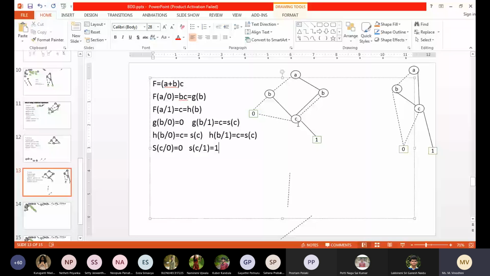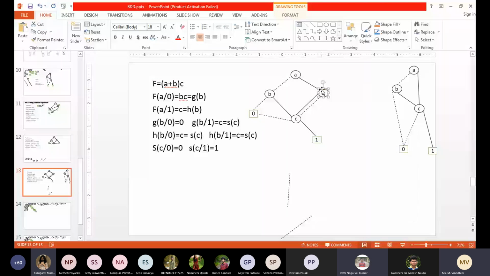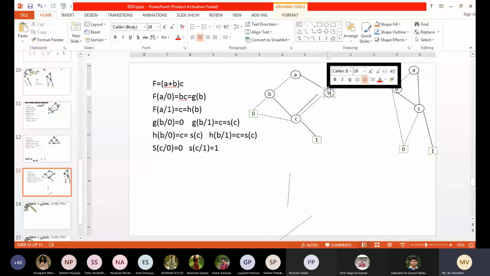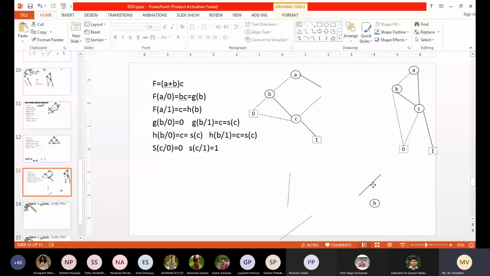Okay, what is happening here? Is there any redundant node? Yes, ma'am, B. The leftmost B is the redundant node. Let me remove it. Let me remove the output nodes and connect it directly to this point.